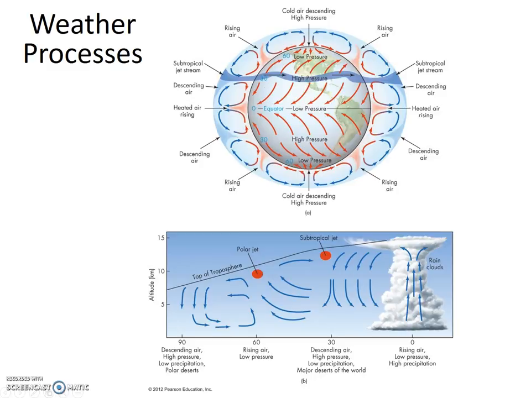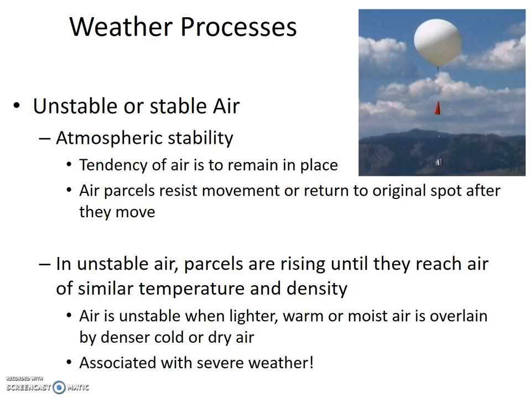We've already been talking about pressure, and how that makes air move around. But here are some more ways to think about how air moves. Unstable or stable air refers to the atmospheric stability, which is the tendency of air to remain in place.